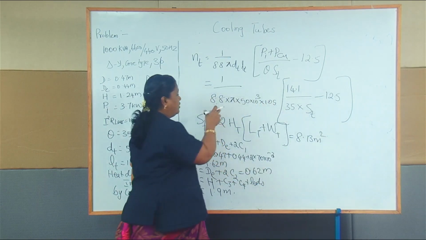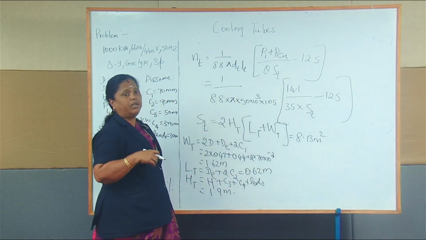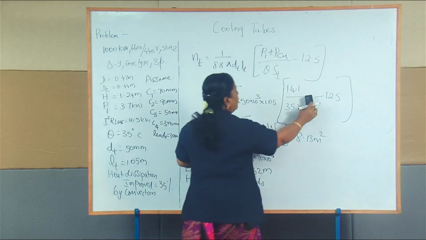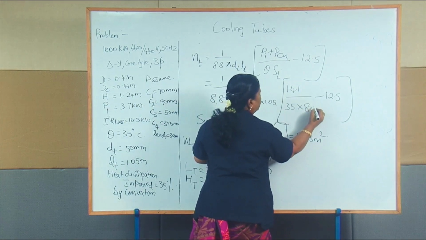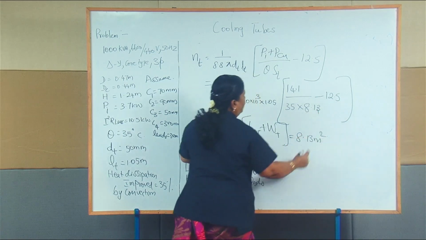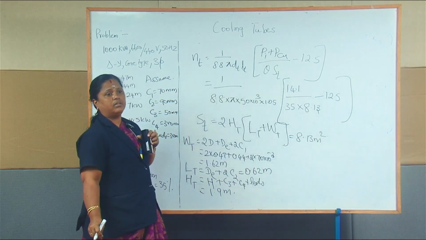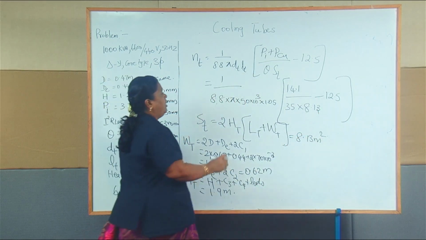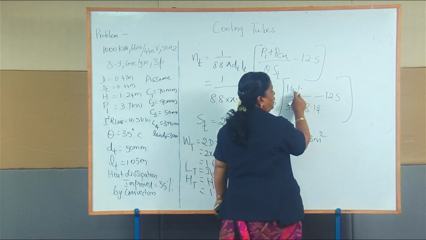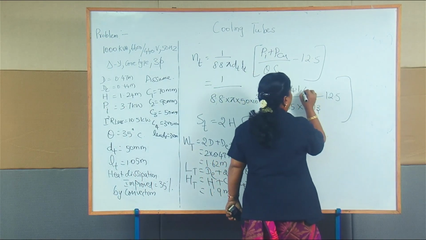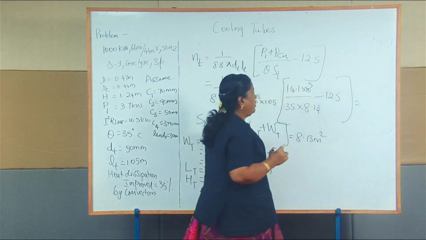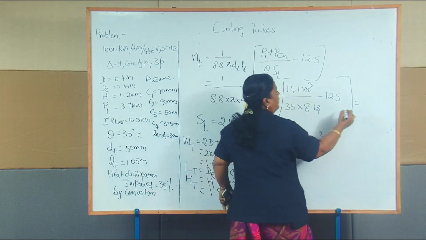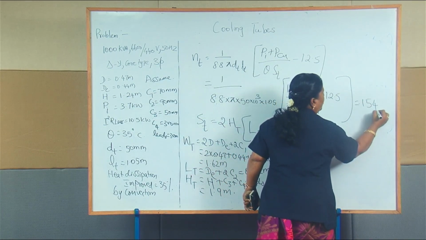Now, in order to calculate the number of cooling tubes, substitute the ST value as 8.13. After substituting, this is in kilowatt, convert it into watt. Finally, you will get around 154 tubes.